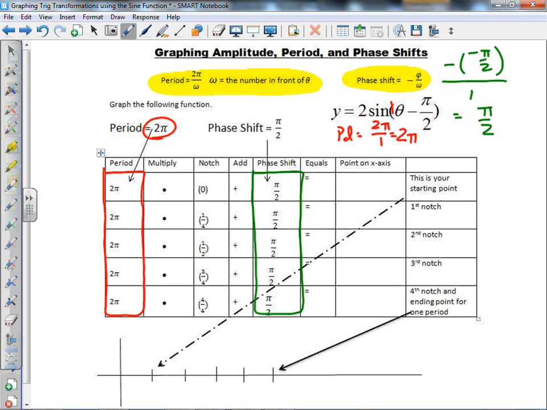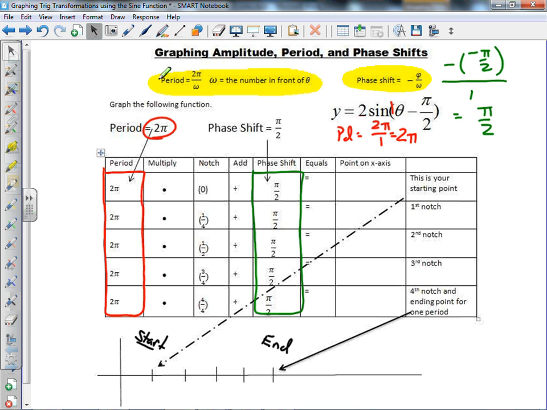Now, when we graph, we have 5 points. We have a starting point and 4 points beyond it. And so that means we will end with 1 period here.